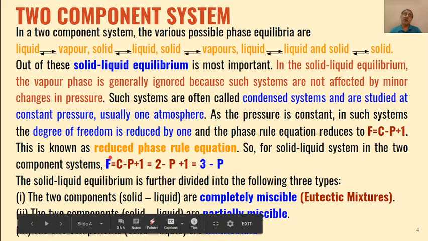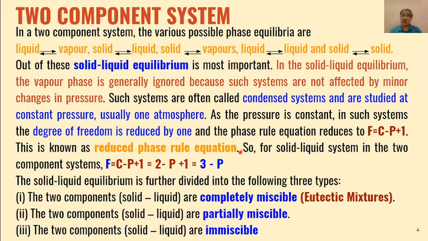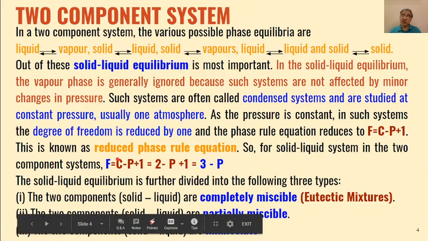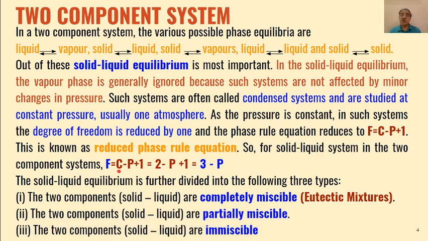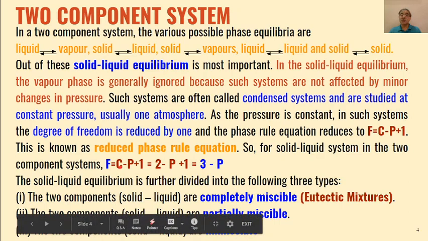So for these two component systems, we will be using this reduced phase rule equation for all the cases of solid liquid systems. And in these types of systems, by substituting these values, components C is 2 for two component systems, and this 2 has been reduced to 1.